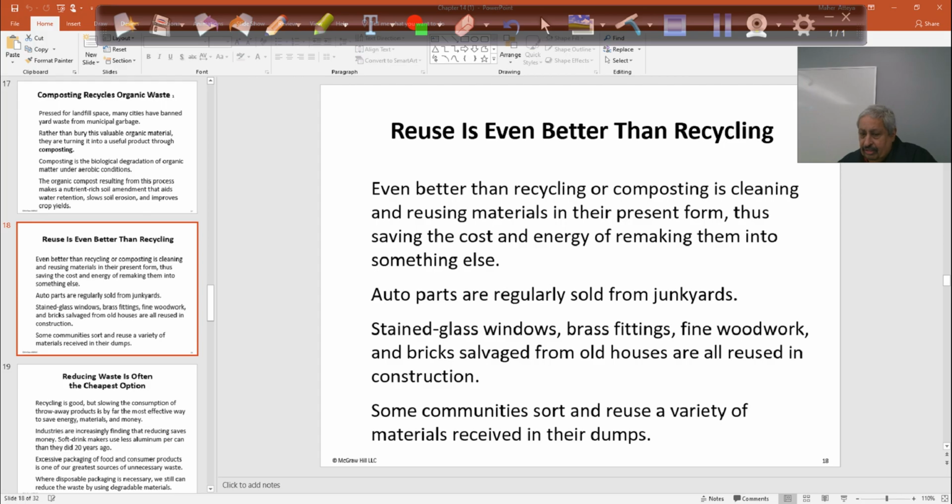Some communities sort and reuse a variety of materials received in their dumps. Yes, they do that. You can see them on Saturday or Sunday. Some people come through all the streets of the community collecting trash, and they sort the trash as they go. They have special T-shirts with whatever name they give their community group.